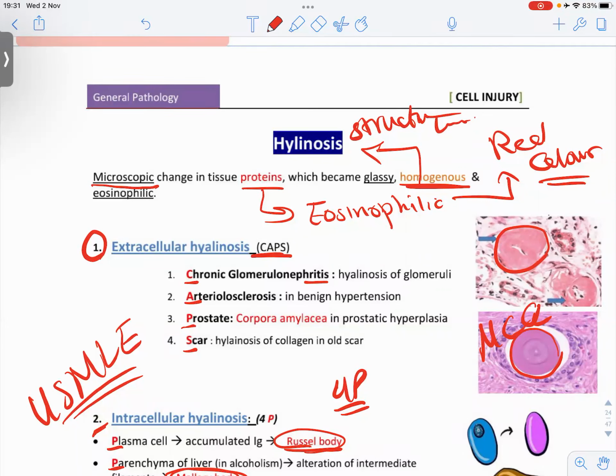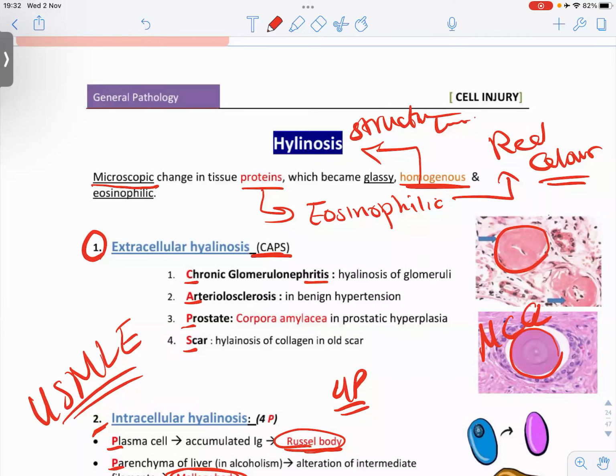And when they accumulate, it's called what? Hyalinosis. So hyalinosis of glomeruli and the capillary of glomeruli. So in glomerulonephritis, your patient has hypertension. The blood will come so fast to the kidney, so fast to the blood capillary inside the glomerulus. And we know that the capillaries are very, very small in size.